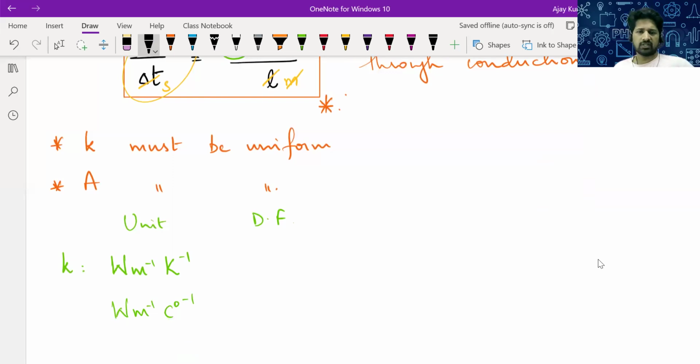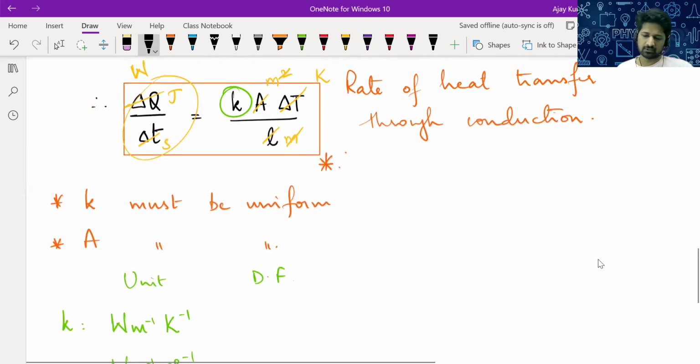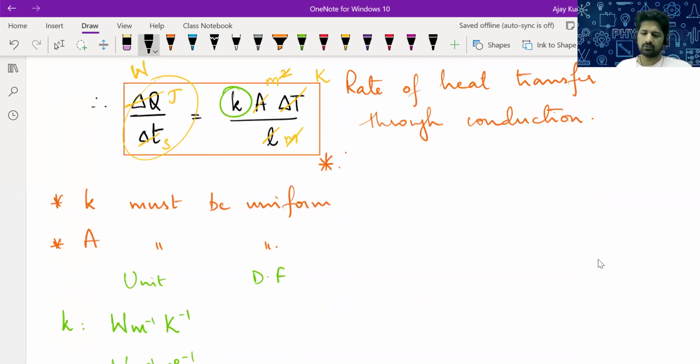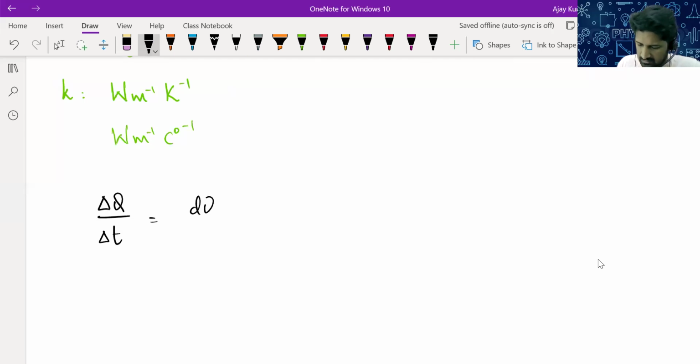So basically that is what conduction is, transfer of heat from one layer to the next and so on. So conduction requires a medium and the rate at which heat gets transferred through conduction depends on certain factors as we discussed. Delta Q by delta T is equal to delta Q by delta small t, that is heat transferred per unit time, is equal to K A delta capital T divided by L. So this delta Q by delta t, you can also write it as dQ by dt and we call it heat current.